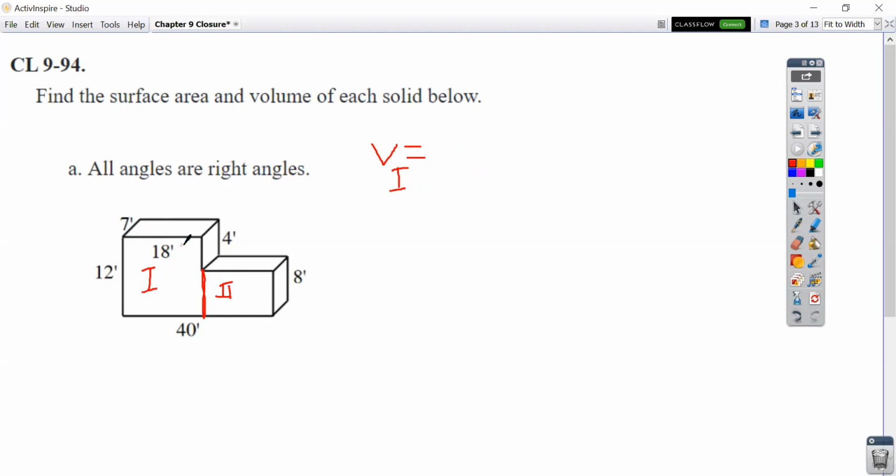7, 18, the rectangle on top. The base on top, I have 7 times 18 times 12. Base times height. Volume is the area of the base times height, or you can say the area of the base is the length times the width times the height.